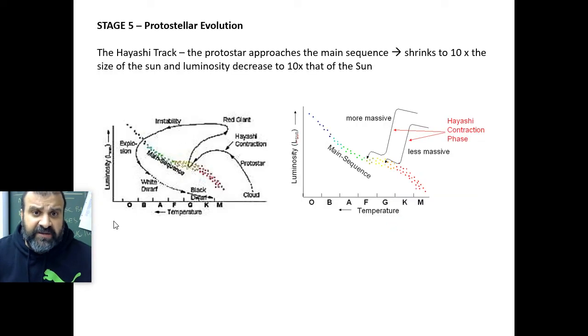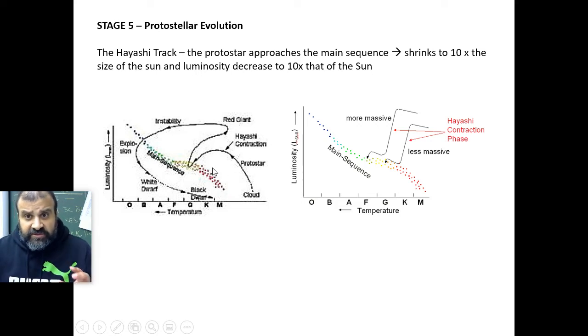Right? So it's a Japanese astronomer. So we have our protostar, and it goes through the Hayashi contraction. So that's when it continues to shrink down and becomes a star proper. It starts going through nuclear fusion.